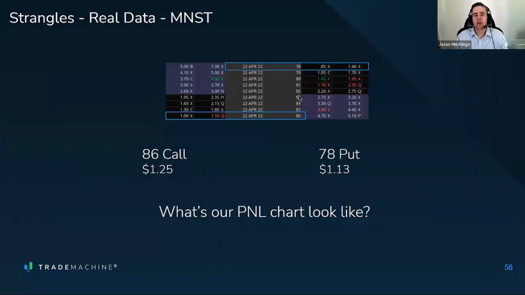As we know, at the money options will always have the most time value because they're going to be the most sensitive to movement of the stock or the underlying. Because they're the most sensitive, they can capture the widest range of possibilities, and that's what options are all about. So as you go further out of the money, there are going to be less valuable options.